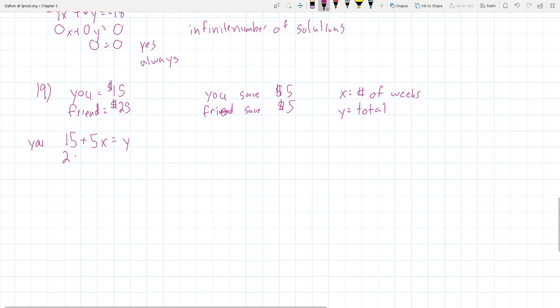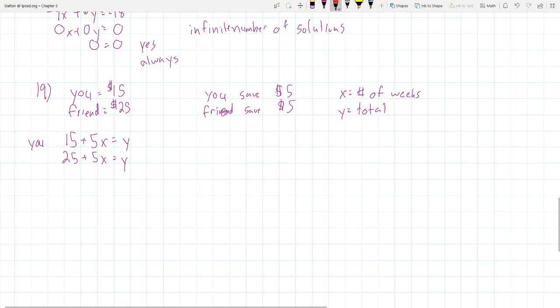Your friend has $25, and they're going to save $5 a week, and they're going to have some amount depending on the number of weeks. So you could use substitution or elimination in this. For me, I'm going to use elimination because you want to find out when you're going to equal the same amount as him. So when are these two going to equal each other? And so we can plug in this y for this other y.